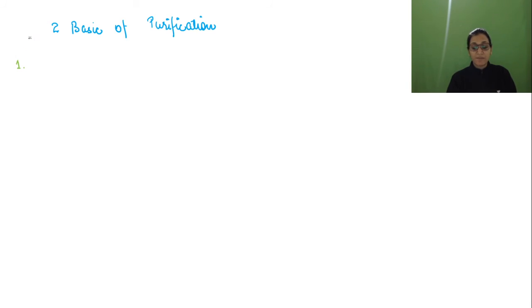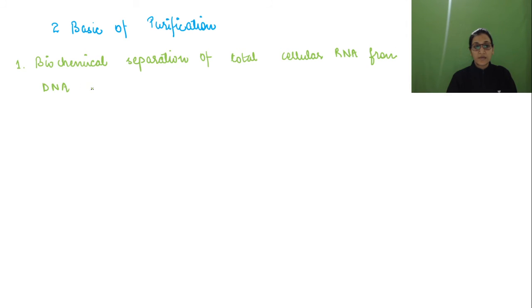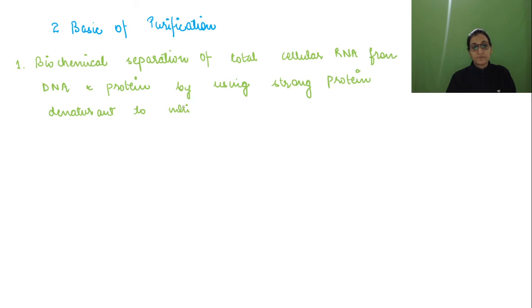So first thing, biochemical separation of total cellular RNA from DNA and protein using a strong protein denaturant to inhibit the cellular RNases.